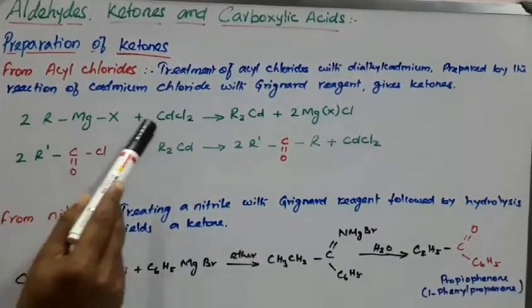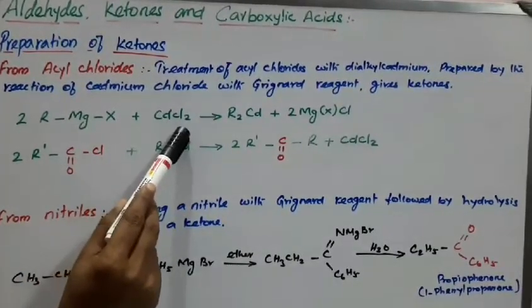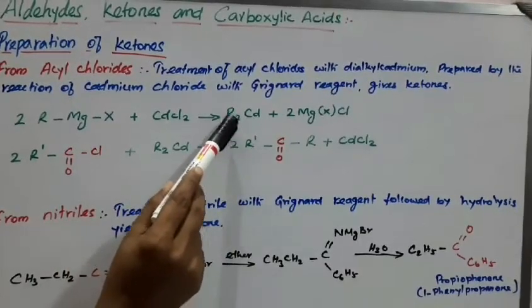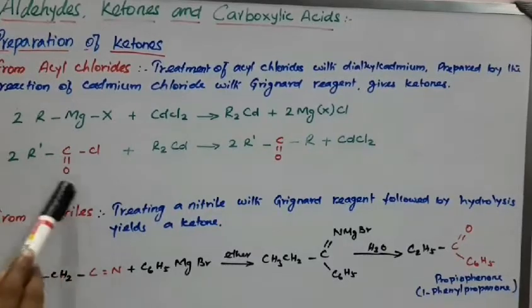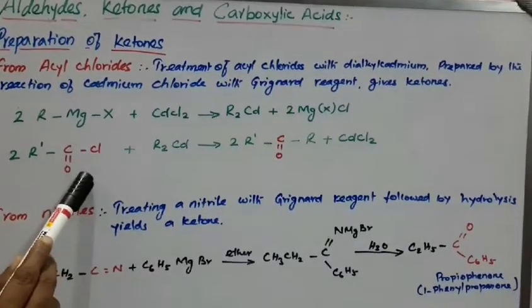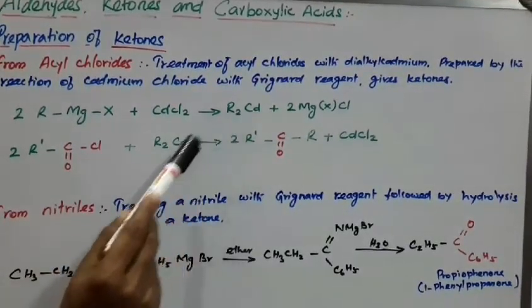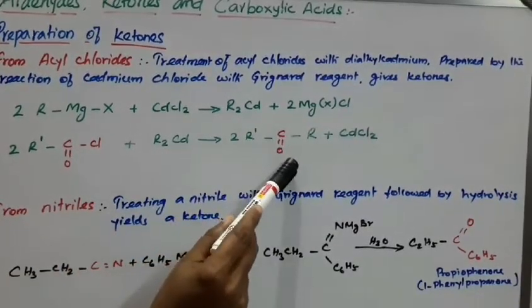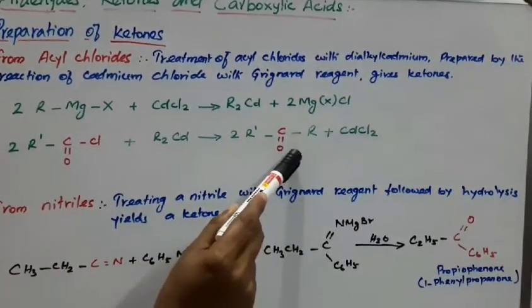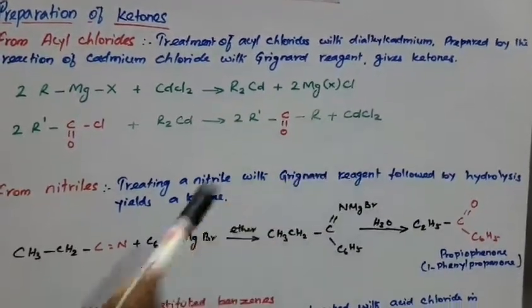This organometallic compound reacts with cadmium chloride to produce dialkyl cadmium. Then the acyl chloride reacts with this dialkyl cadmium to produce the ketone and cadmium chloride.